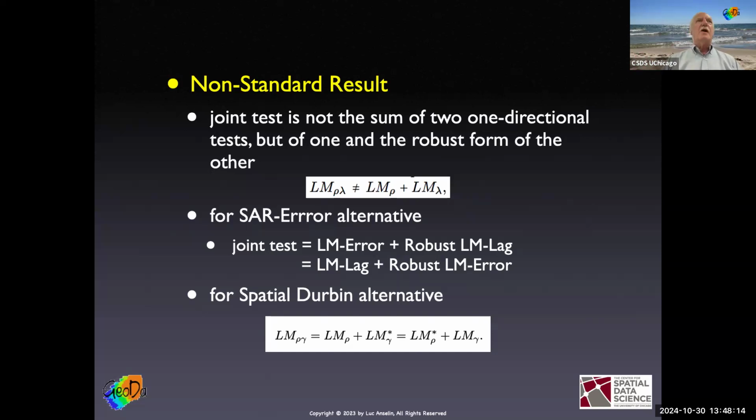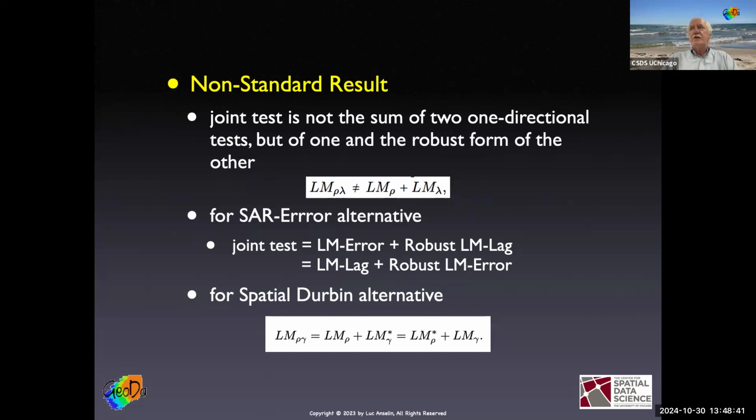Okay. There is a very complex but very non-standard result that I already alluded to last time. In most cases where you have nested alternatives in mathematical statistics or econometrics, a joint test is the sum of the two one-directional tests. In this case, that is not what happens.